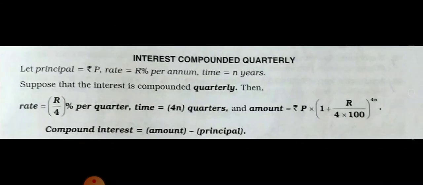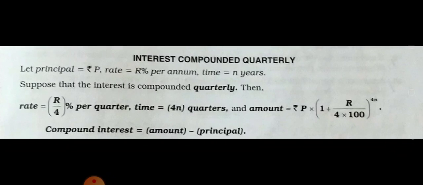And when the interest is compounded quarterly, quarterly means in a year there are 4 quarters, 3 months each. So if the interest is compounded quarterly, then you have to multiply the rate by 1 by 4 and the time by 4, and the final amount formula will be amount equals P into (1 plus R by 400) whole power 4n.